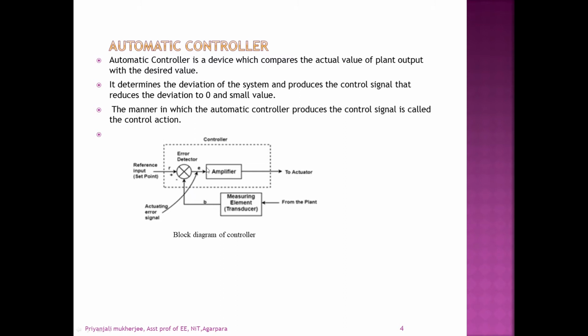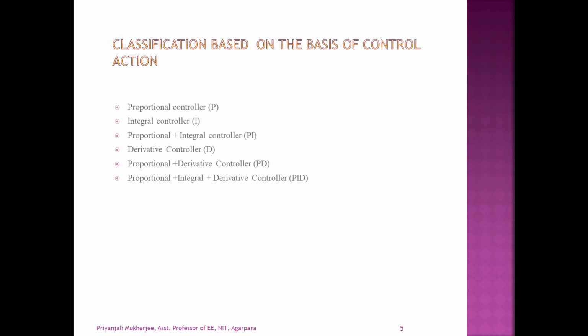The error detector produces a signal which is applied to the controller, the algebraic sum or the difference between the two different inputs of this error detector. The manner in which the automatic controller produces the control signal is called the control action.